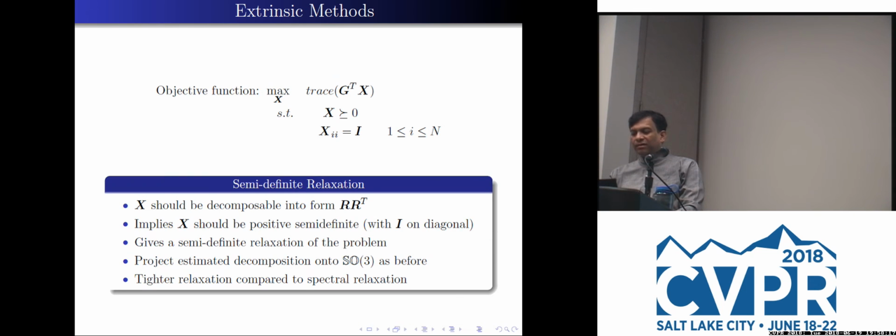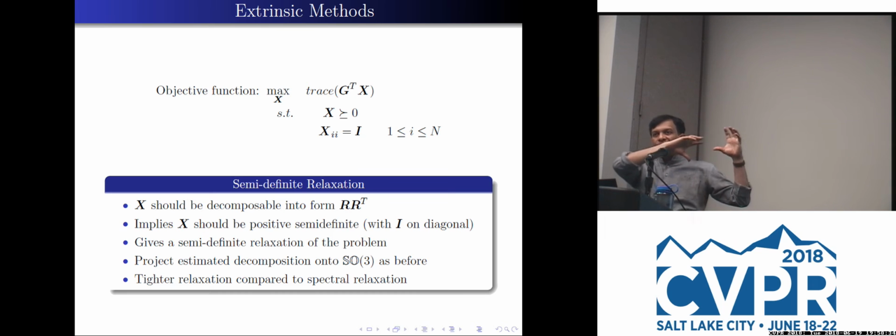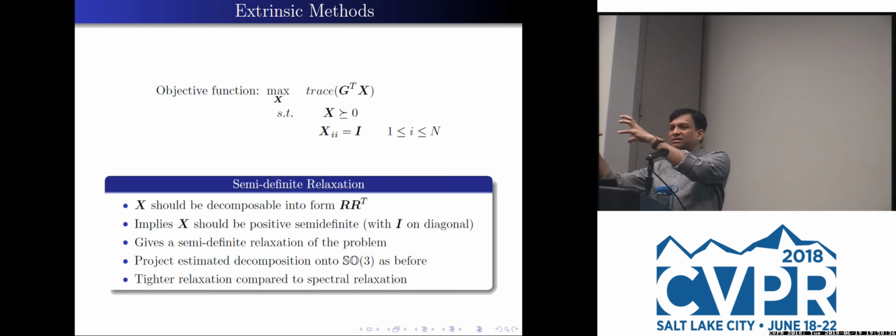And so my objective function is to minimize the trace of this form with positive semi-definite constraints on X, and the constraint that Xii on the diagonal is identity. It's simply packaging the original form that we did for spectral relaxation in a slightly different form, imposing the semi-definite structure on it.